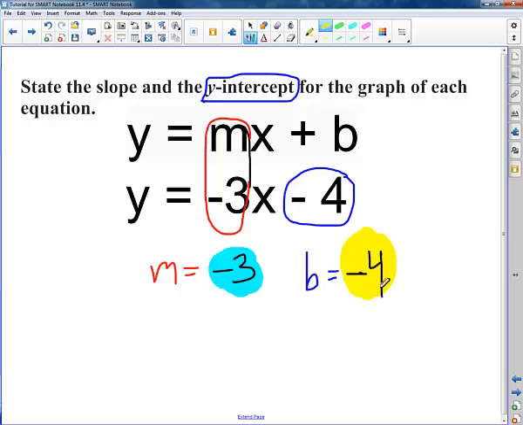You don't have to put the b equals part. If it's a plus 4, you don't have to put a plus sign in front of the 4. It's implied that if it's 4, it's positive. However, when it is negative, you have to put the negative in. Okay. I'll give you guys just a few seconds to copy that down.